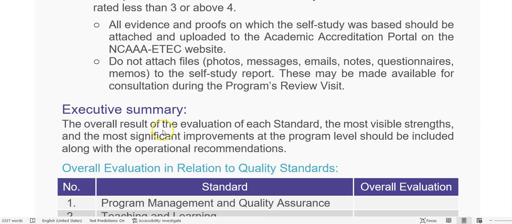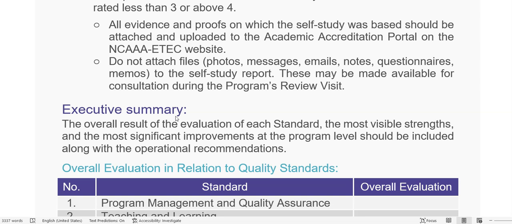Also, it is written here, do not attach file photos, messages, emails, notes, questionnaires, memos to the self-study report. These may be made available for consultation during the program's review visit, which is also important.